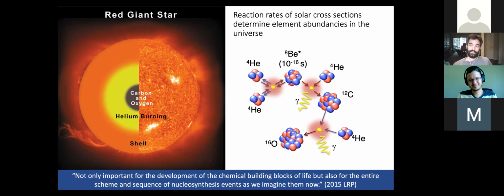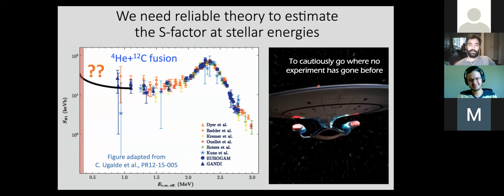And again, ab initio reaction theory has a place here, because if you look at, for example, helium-4 and carbon-12 fusion, you see that data stops at some energy. And that's a little bit obvious, right? You have Coulomb repulsion. After a point you can't really measure. You've been measuring for years and years.